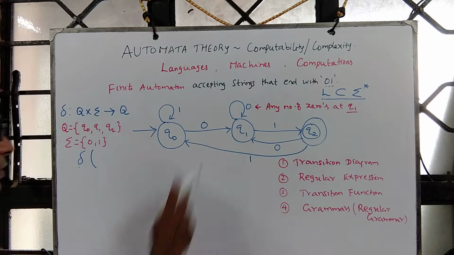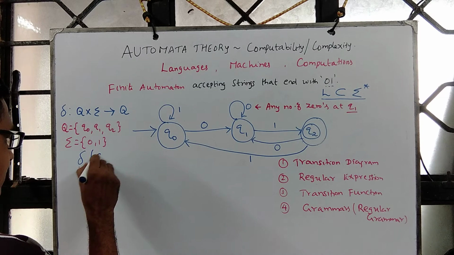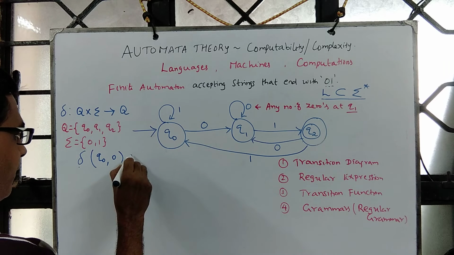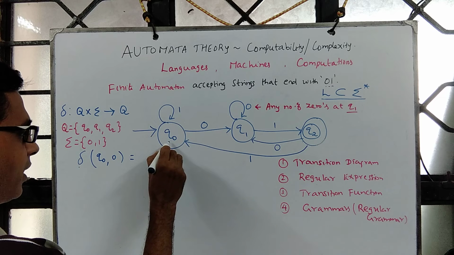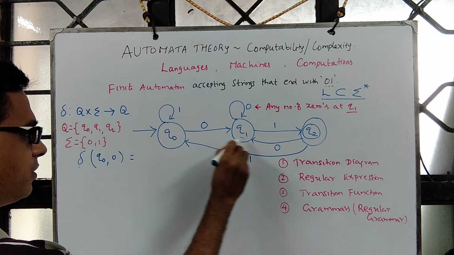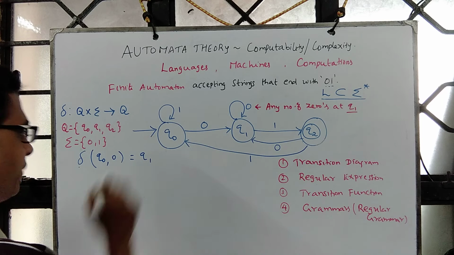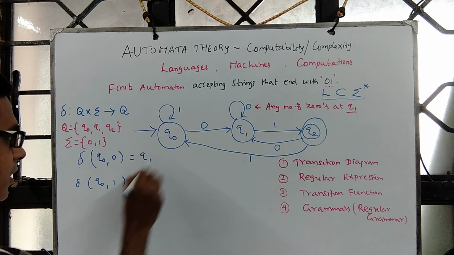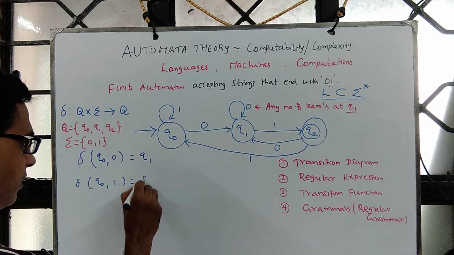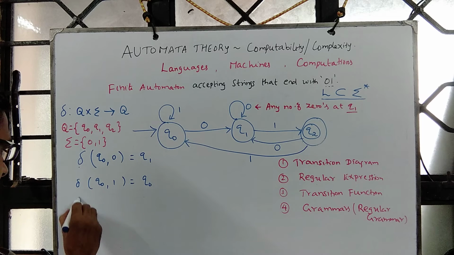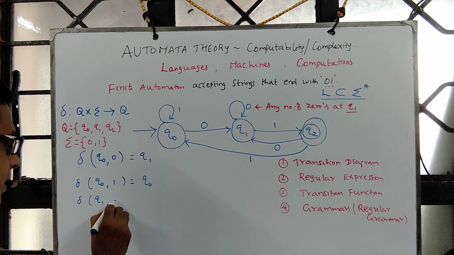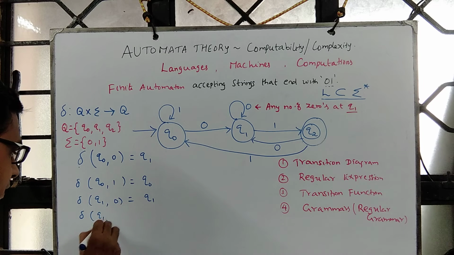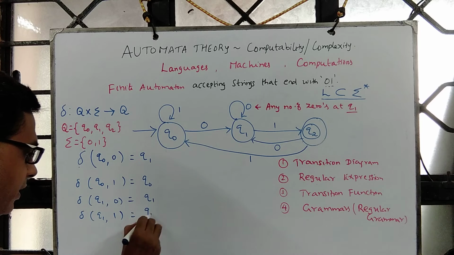So it is like this: delta of q0 comma 0. Where does it map to? I am in q0. On reading 0, I am going to q1. Delta of q0 comma 1: in q0, if you read 1, you stay in q0. Delta of q1 comma 0 is q1. Delta of q1 comma 1 is q2.